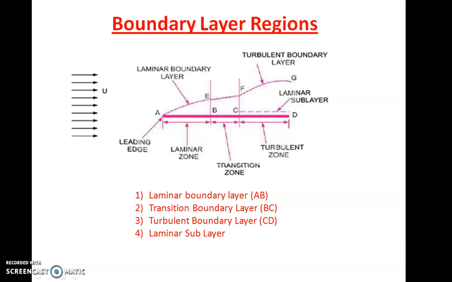And one more region occurs in the turbulent boundary layer, very close to the plate boundary of the solid, that behaves like a laminar one because its velocity variation is in the laminar region. So these four regions are there for any boundary layer formation.